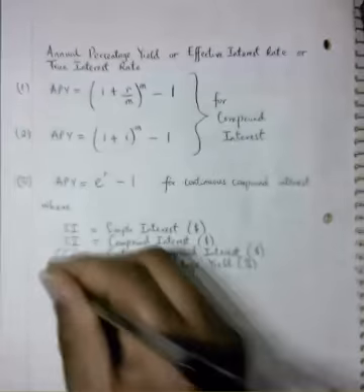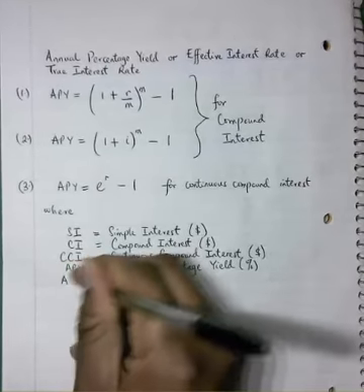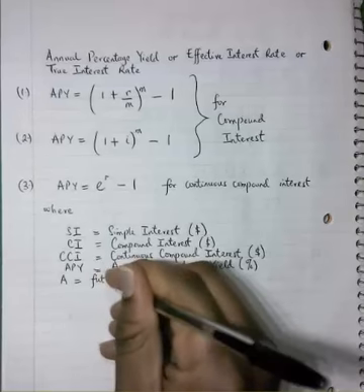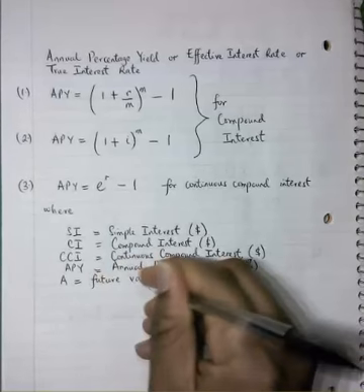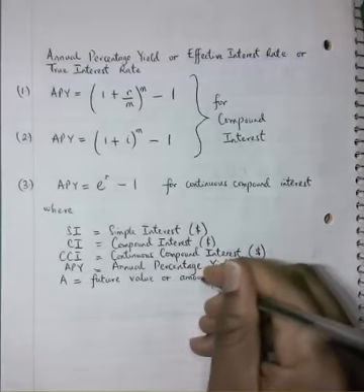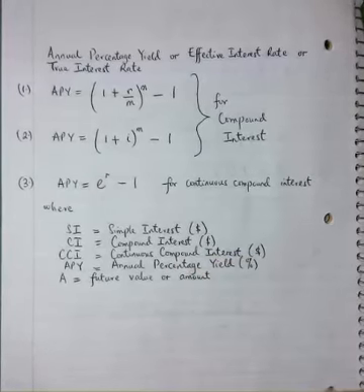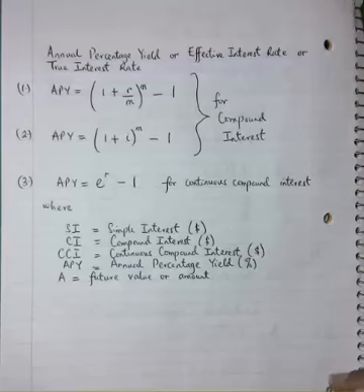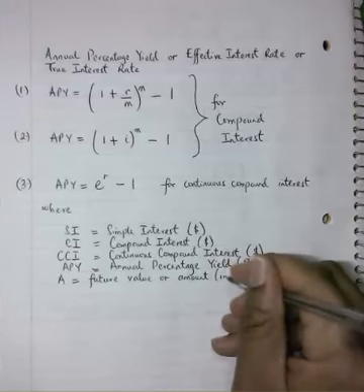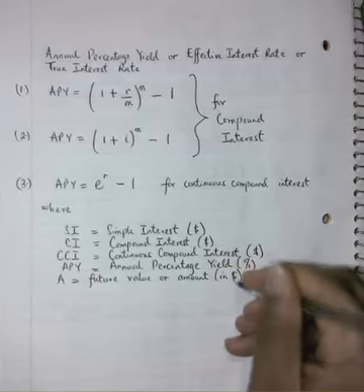A, we have as the future value or amount. If it was simple interest, it will be simple amount. If it's compound interest, it will be compound amount. And this is in dollars also.